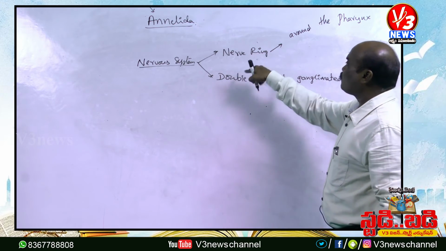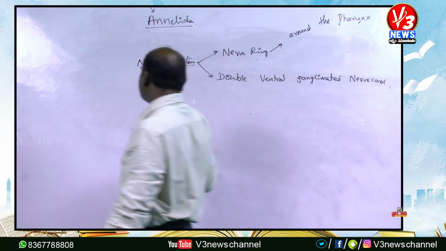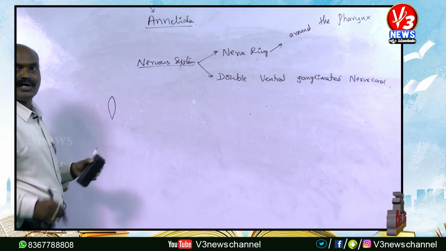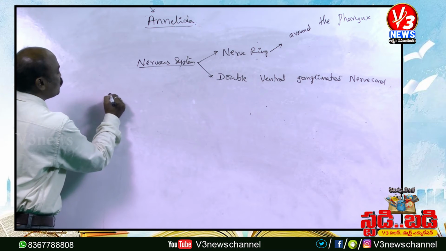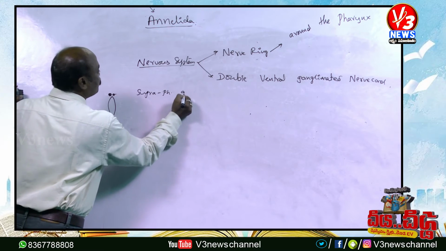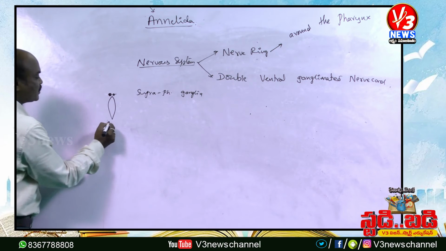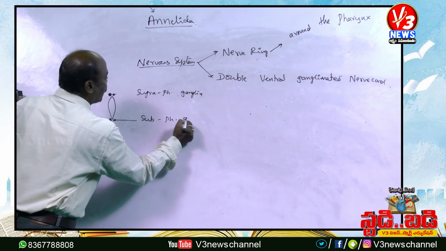So the nerve ring is formed by the combination of three structures. For example, here this is the pharynx. It is a part of the alimentary canal. Just above the pharynx are the suprapharyngeal ganglia. Below the pharynx are the subpharyngeal ganglia.